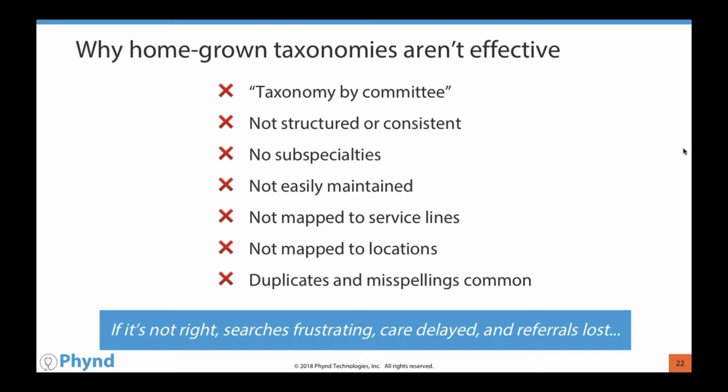The first is that a standard and robust taxonomy is really essential to support the optimal patient search experience. But I think it's also important to note that, as Dr. Schneider mentioned, the clinical taxonomy is also served up and relied on and is a key resource for clinicians who may be making a referral out of their standard trusted relationships, perhaps for an unusual condition, or if they're referring a patient to a region of the state where they may not know a specialist, or for the patient access team.